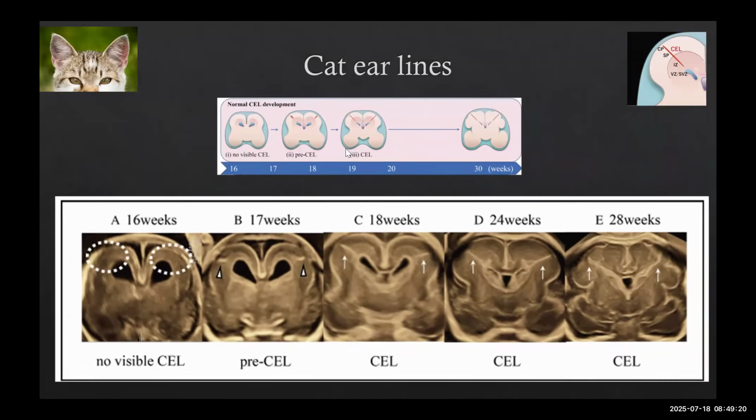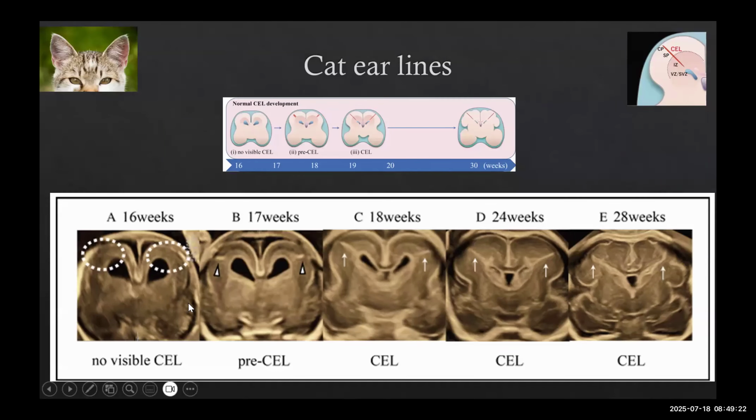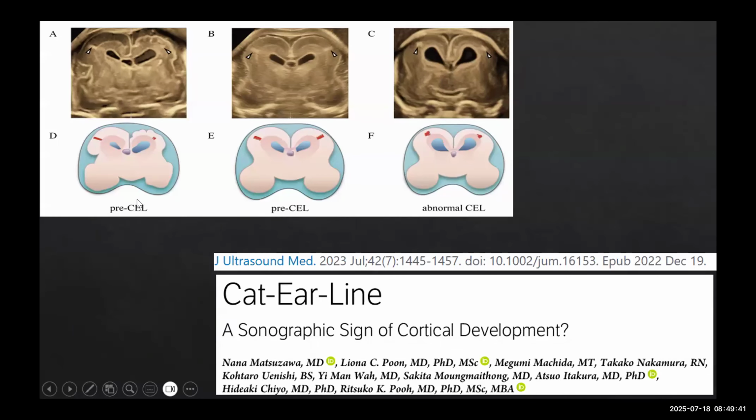That is a line diagram, and here is the ultrasonographic representation shown in the picture, where at 16 weeks there is no CEL, and there is appearance of pre-CEL in the subplate and extension into the intermediate zone around 18 weeks, lasting throughout. So what are the abnormal findings in the cat-ear lines?